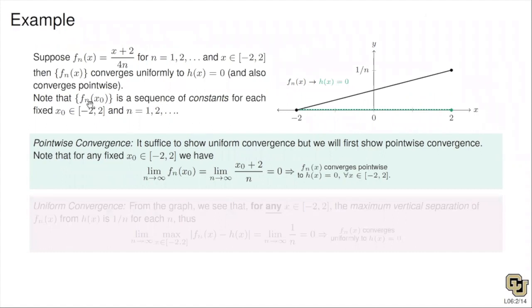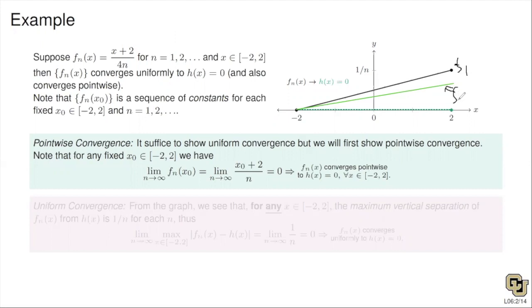For this particular sequence of functions, for each n, the function looks like a diagonal line like this. Maybe this first one here is f sub 1, and the second one down here would be f sub 2.